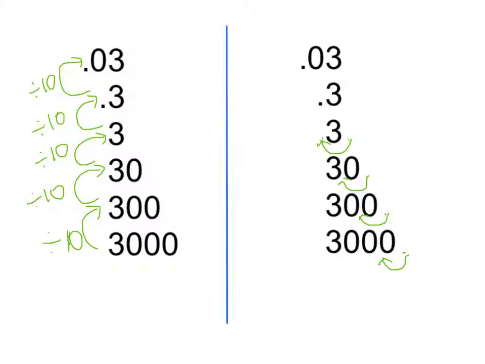We have 3/10. 3/10, we move it over to the left. We have 3/100. And it goes in that same pattern. So the connection between the two sides here, what we're showing is that when we move the decimal place to the left, it is the same thing as dividing by 10.